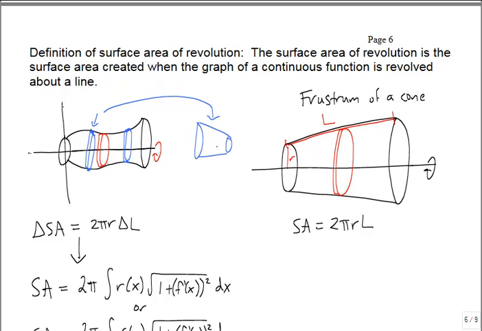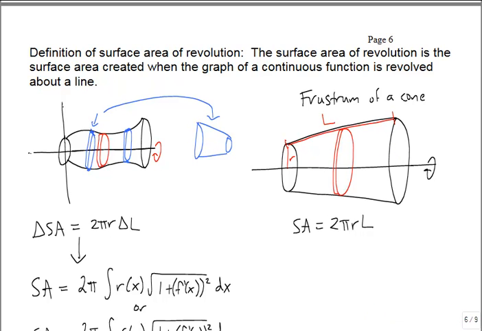So what would be the surface area of this kind of shape? Well, it turns out that the surface area of the frustum of a cone is given by 2 pi r times the L, where L is the length of this line segment going across here, this arc length, and r is actually a function of the two different radii here. It's actually the average of the left radius and the right radius.